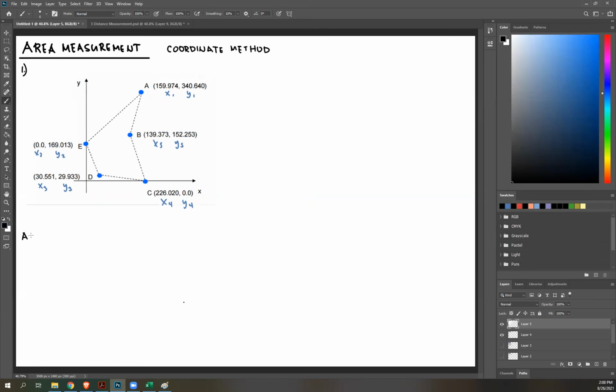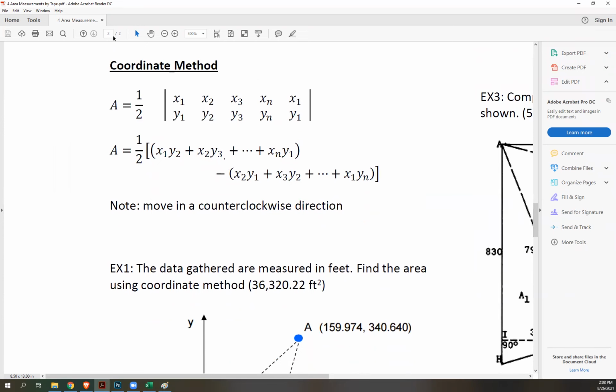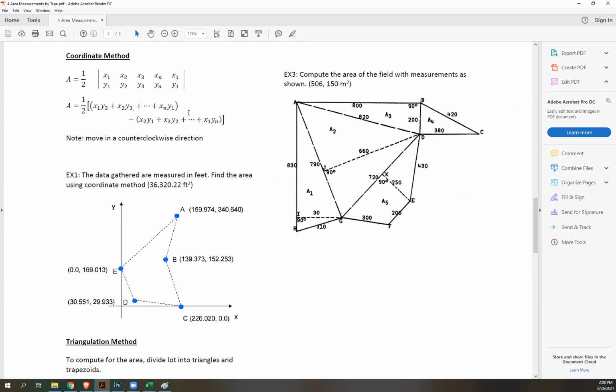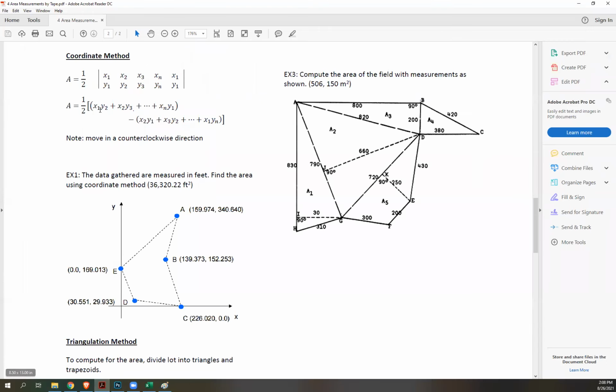So area equals, as you can see, 1/2 that entire thing. So 1/2. Okay, let's start with x1. So that's 159.974 times y2, right? It's x1, y2.